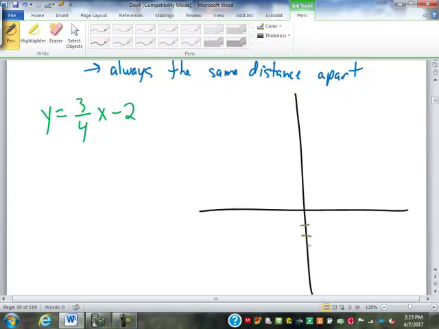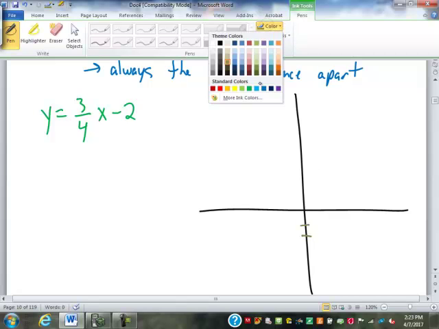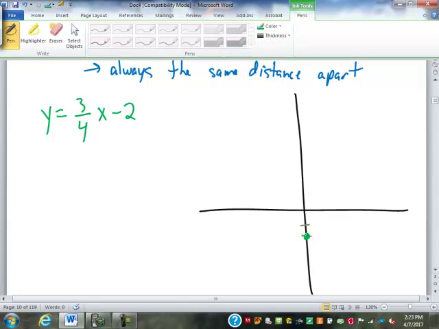I'm going to start down here at -2. You are correct. From that starting point, what am I going to do? Up 3 and over 4. Good. So I get a line that goes through those 2 points.